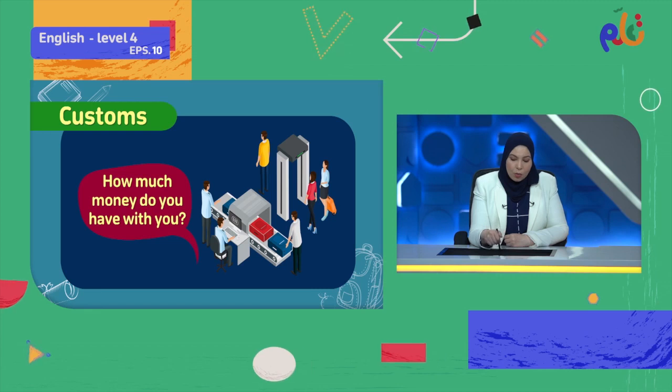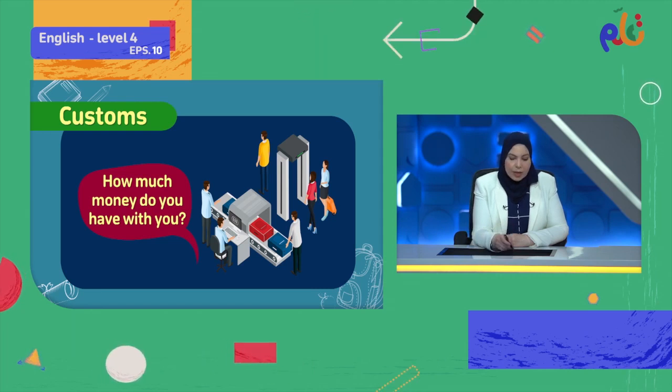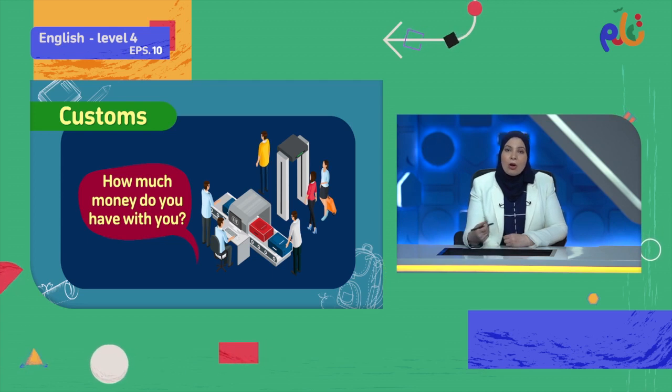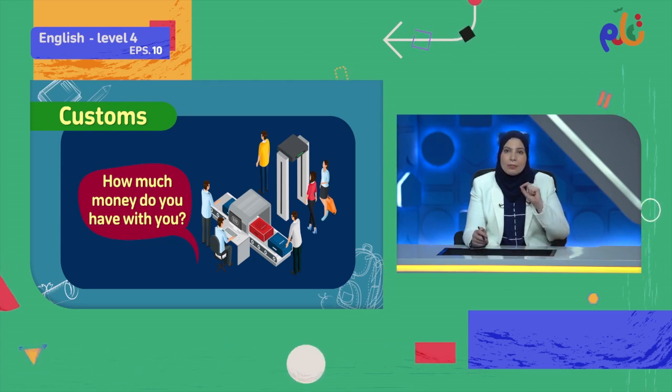And we also have the customs, like how much money do you have with you? These are sentences that are said by the customs. Customs is a department in the airport that makes sure that nothing is allowed inside the country without either paying duties or being reported, so we know what's coming inside the country.